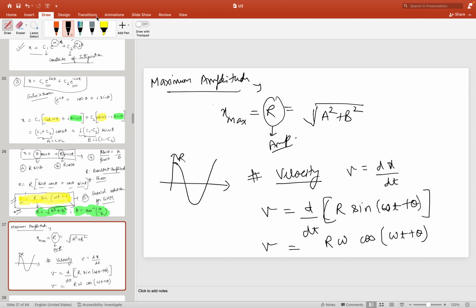So we have got the velocity equal to R omega cos omega t plus theta, right? Yes, ma'am. Okay, so let us mark it as equation number 6 here.